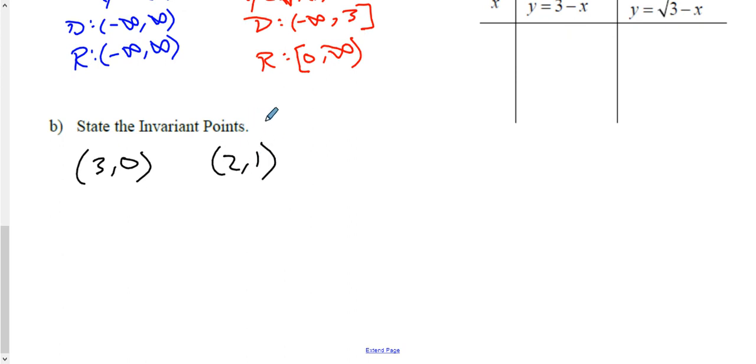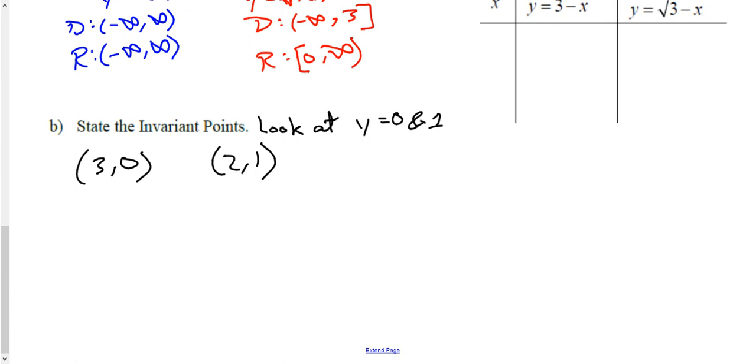And again, for our radical graphs, we always look at y equals 0 and 1. Those are where the invariant points for radicals should be lying.